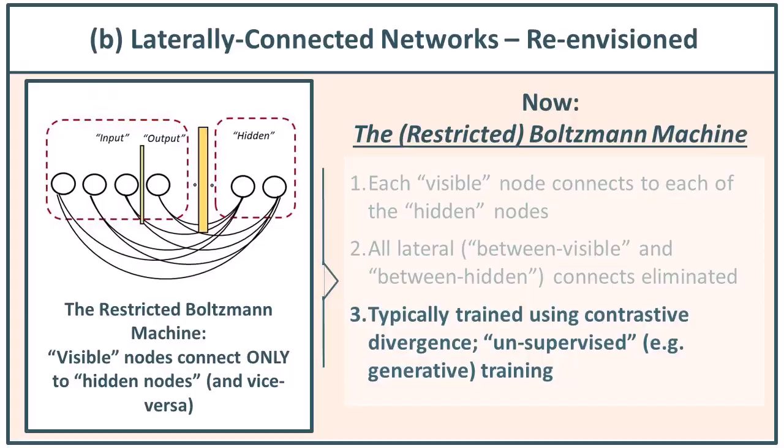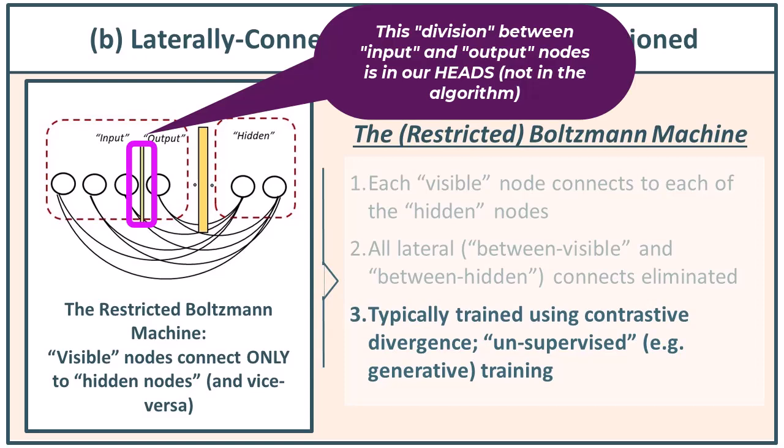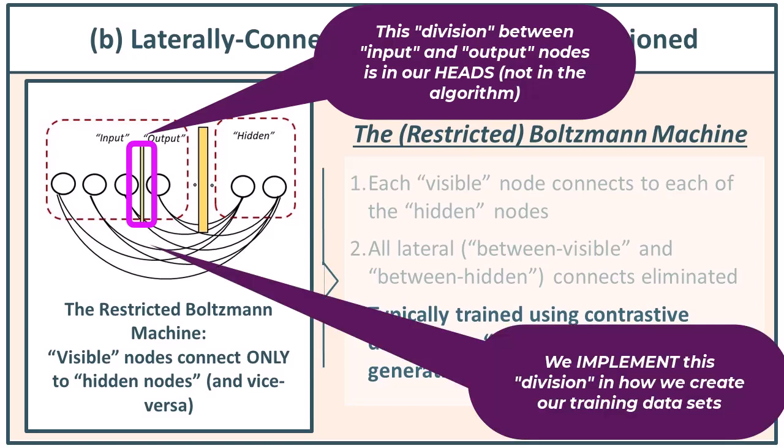What that means is this. When we take an RBM and use it for classification, which we often do, we do that far more often than any other kind of task. What we're really doing is we're mentally creating this little divide in the input variables in our training data, and we're saying, oh, we're going to set aside these small number of variables or nodes in the whole pattern to be our classes.